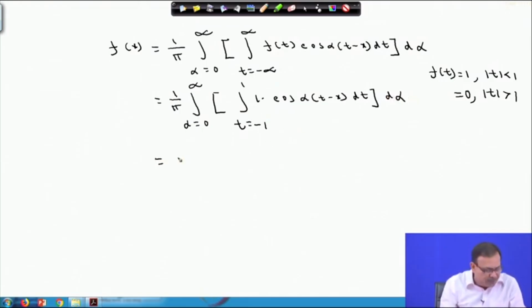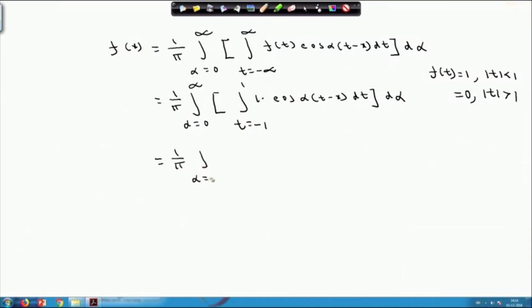So I obtain 1 by pi, integral over alpha from 0 to infinity, of sine of alpha into (t minus x) divided by alpha, where t varies from minus 1 to 1, d alpha.